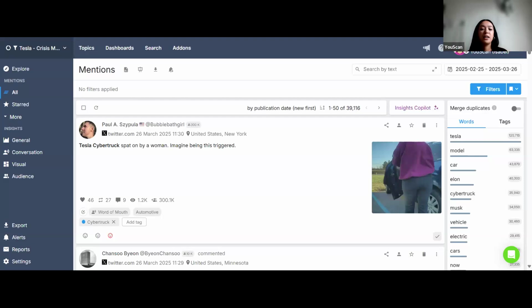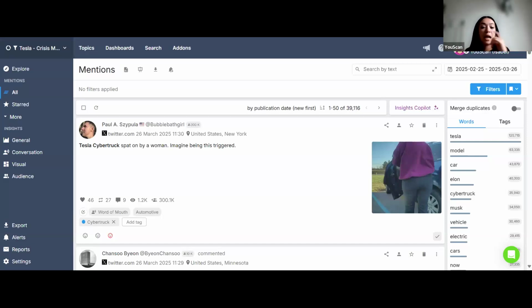This helps us identify which car model is generating more concerns or negative mentions, whether due to design issues, product failures, safety concerns or other factors. So by segmenting, we can spot specific patterns inside our topic, inside our brand, that help us take targeted action, treating each car model as a unique case rather than just one big crisis for the brand.